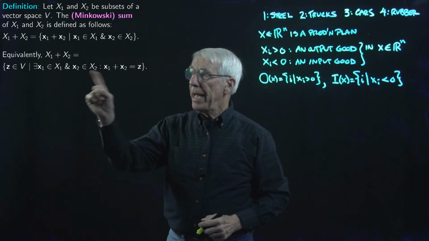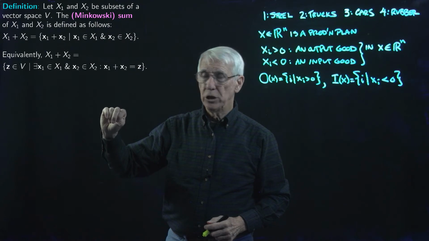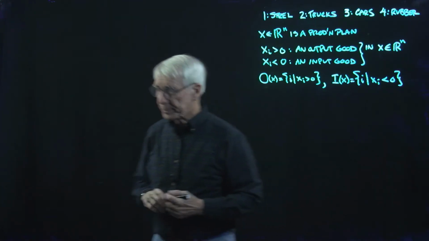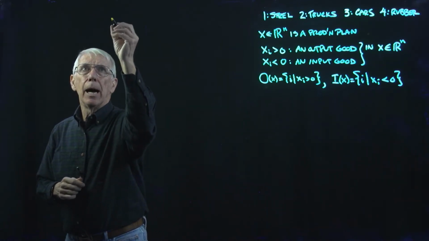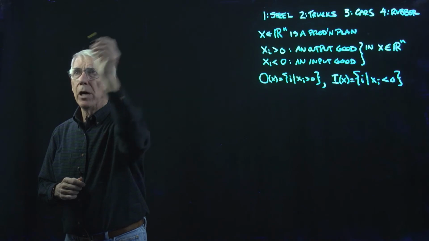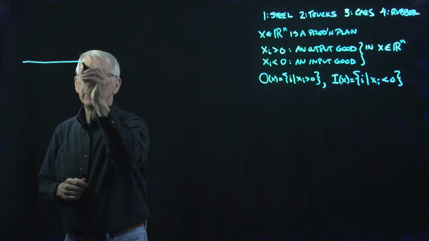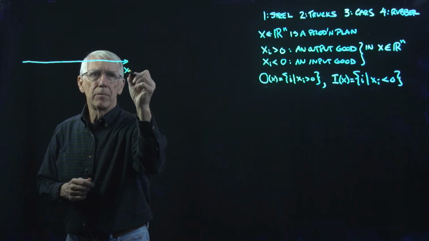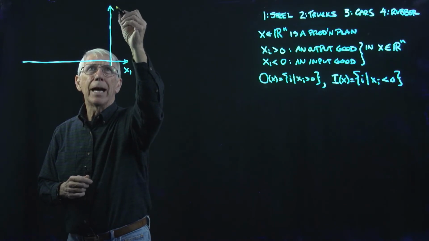So let's take off our definition and the equivalent statement of the definition, and let's do that over here. So here we're going to have, let's say, the x1 axis, and we're going to have the x2 axis.